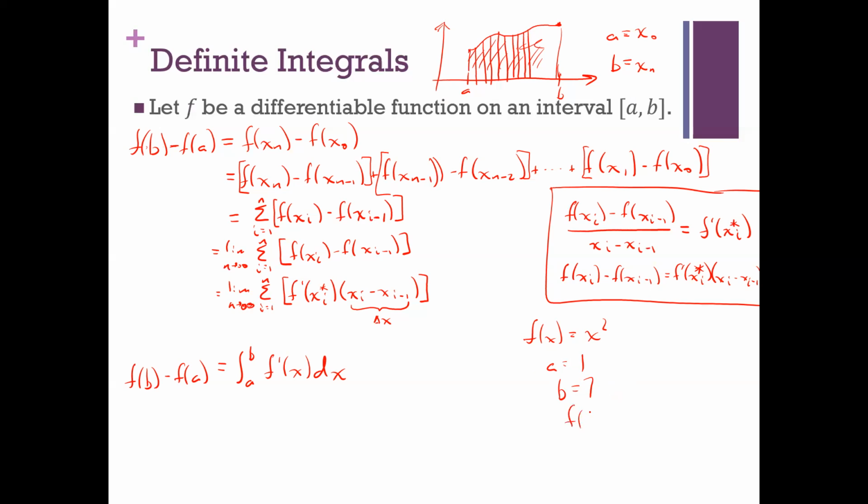Then what would f of b minus f of a be? 48, right? How did you find that? So the big deal with this theorem is that this thing right here is the difference in value.